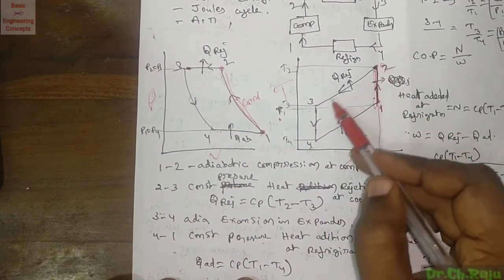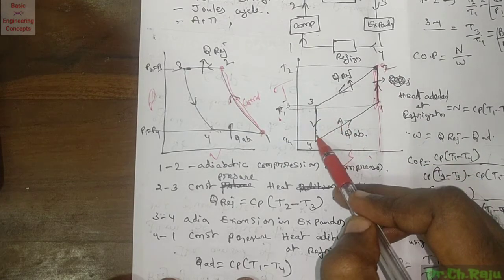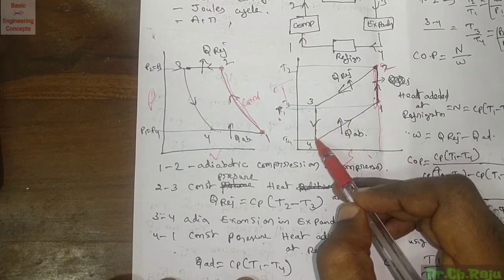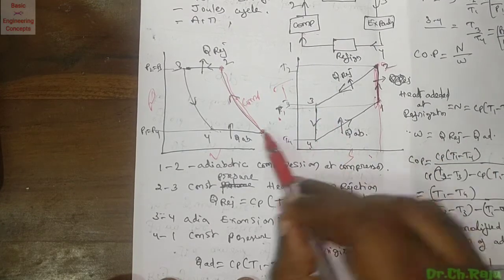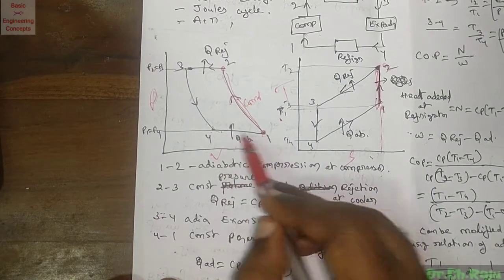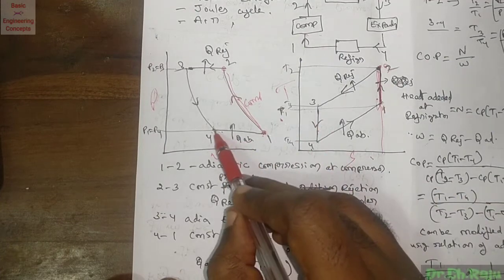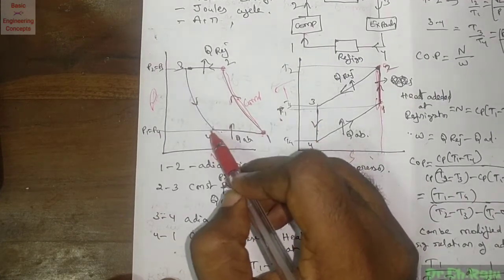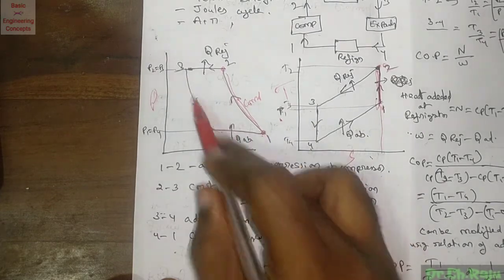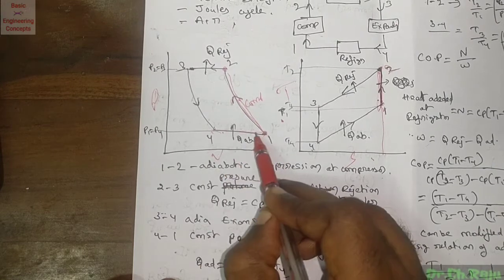Here during the cooling, temperature is reduced. Here temperature drastically falls. Here 3 to 4 is the adiabatic expansion, and 4 to 1 is the constant pressure heat addition.